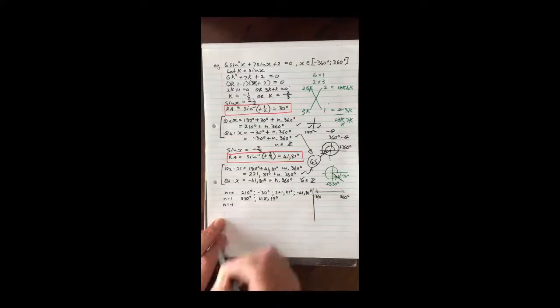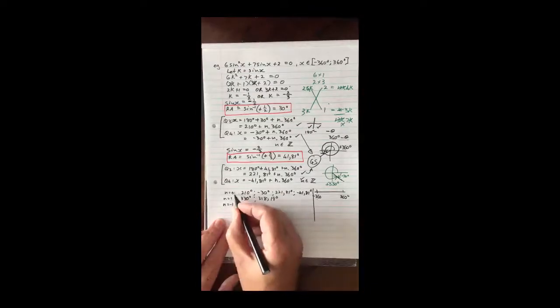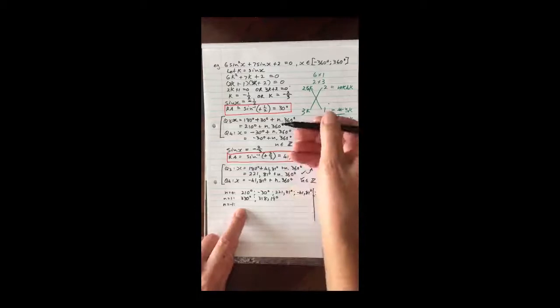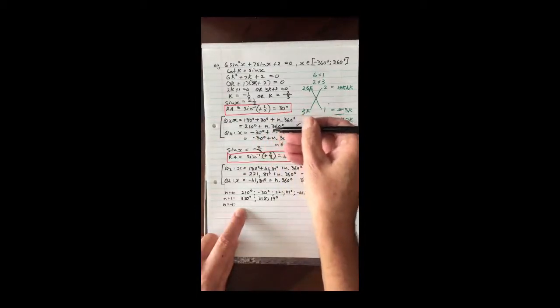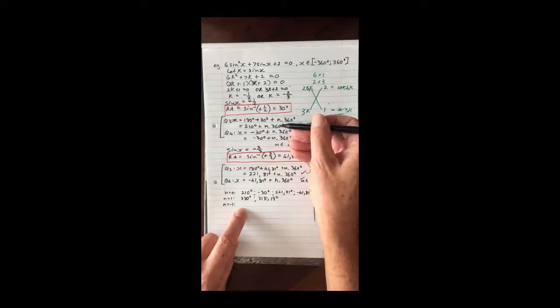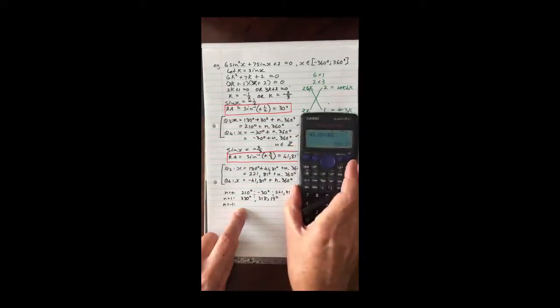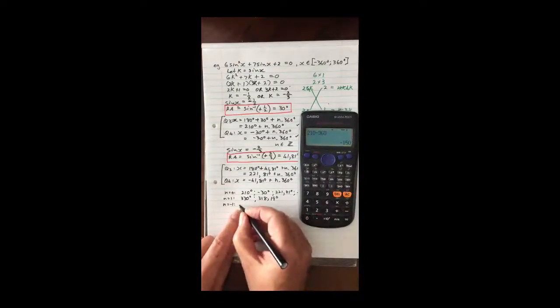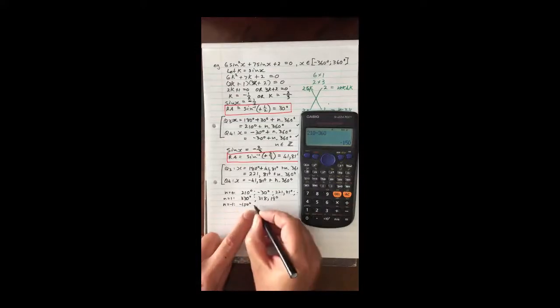Now we go to n equals minus 1. So we substitute n equals minus 1 now. Let's start with this one again. That 360 will become negative. I think that will work. So we have 210 minus 360, and that gives us an answer of minus 150 degrees.